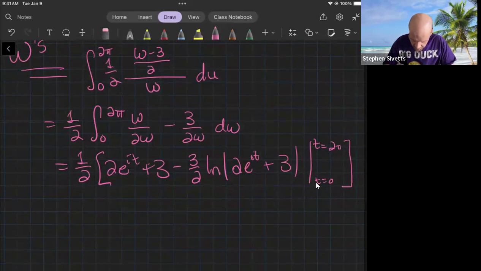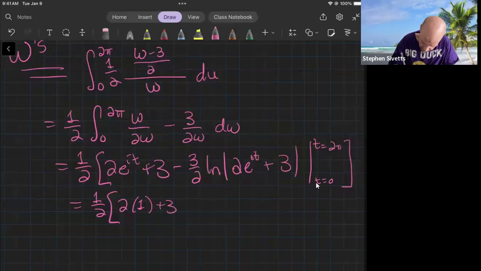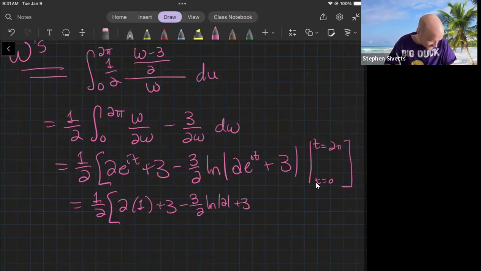Cosine of 2 pi is 1 and cosine of 0 is 1, right? So we'll have essentially 1/2 times 2 times 1 plus 3 minus 3/2 times ln of 2 plus 3. Okay.